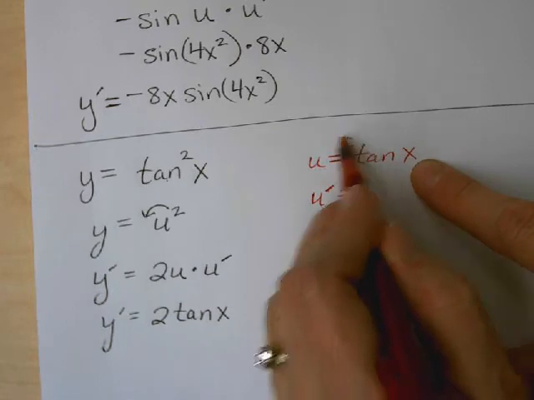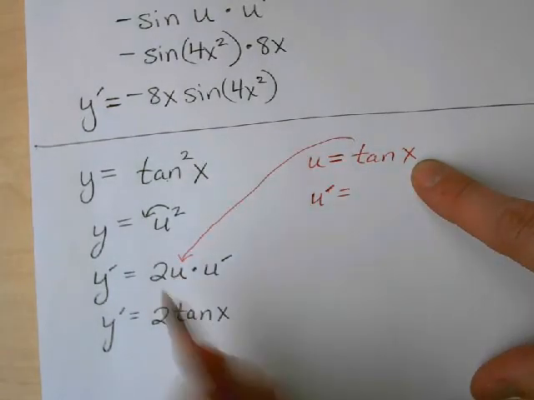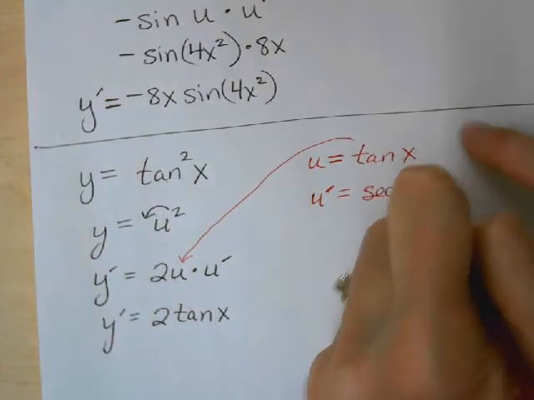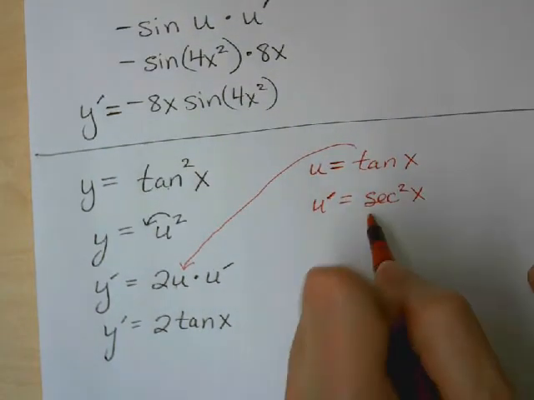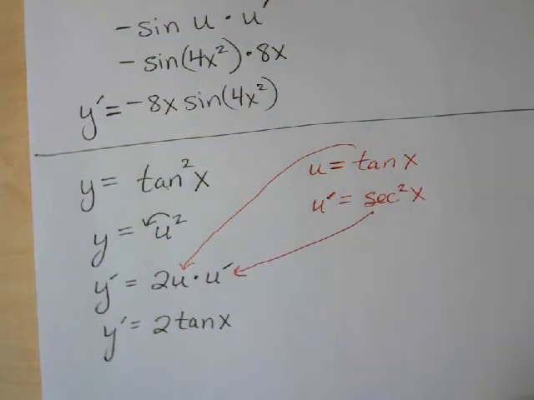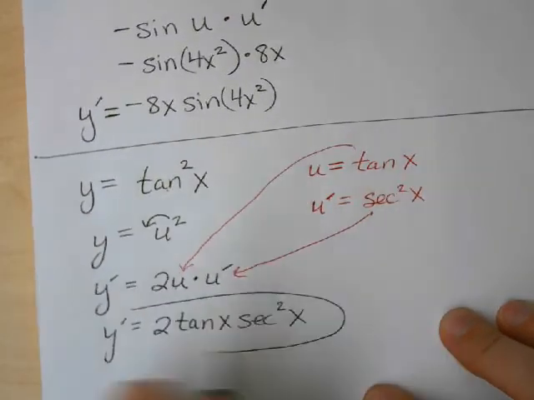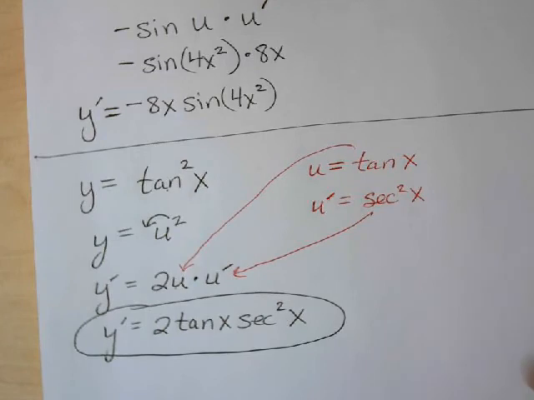At the end, I'm putting tangent back in for this u. Yeah, secant squared. So for the u prime part, we plug in secant squared x. That's the answer then: 2 tangent x secant squared x.